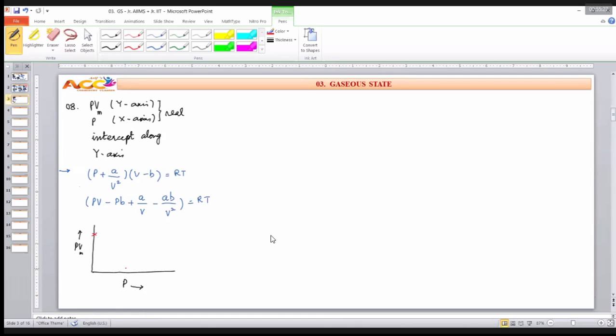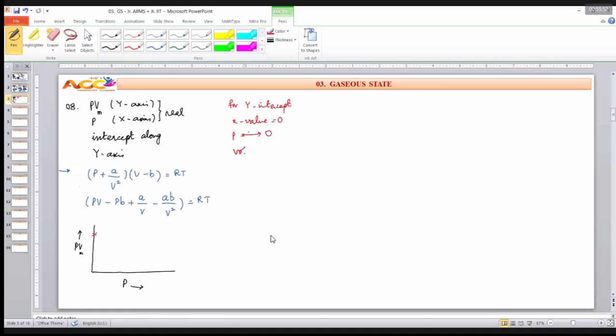Volume is very high. Therefore, for y intercept, x value is equal to 0. That means pressure is equal to 0, tends to 0.